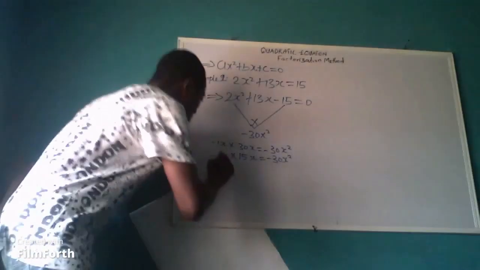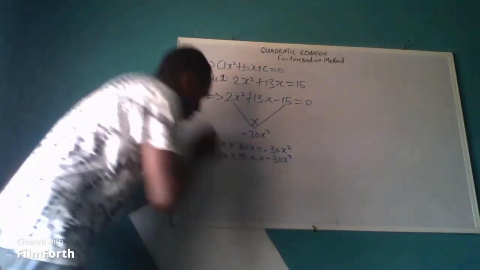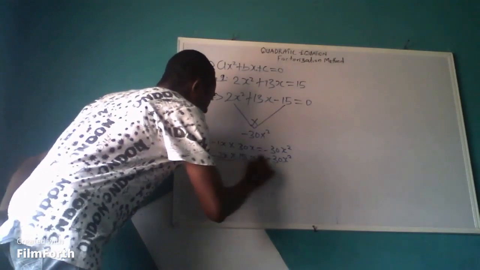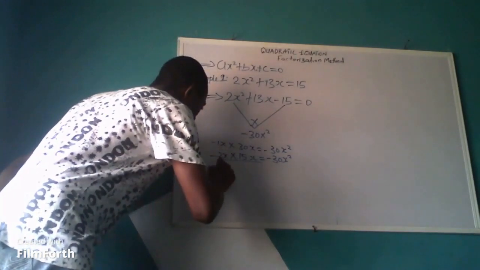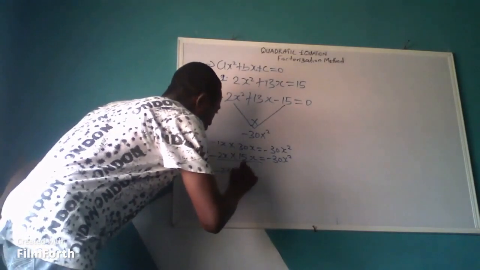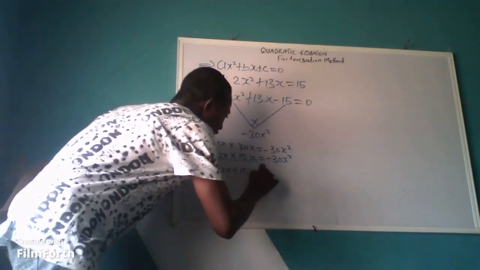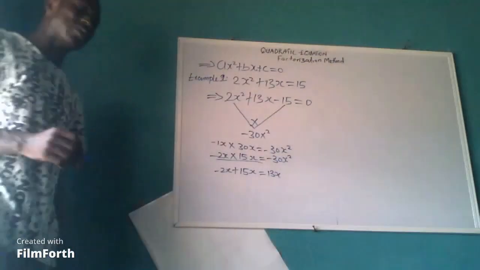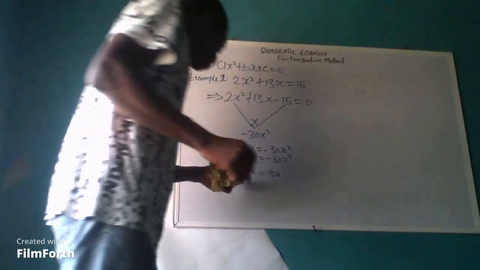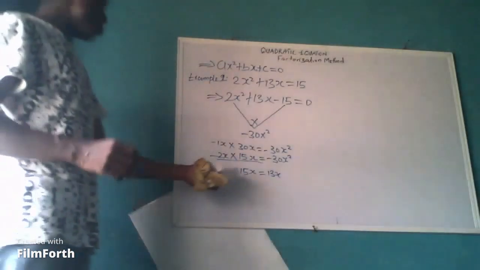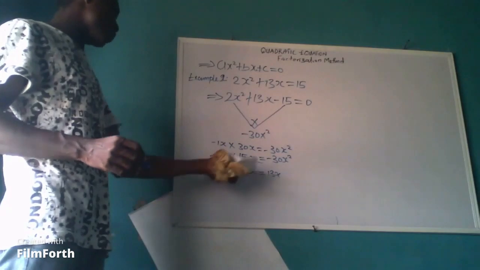So that means these factors fit the condition. Minus 2x plus 15x is equal to 13x. Since this fits the condition, we substitute for 13x.